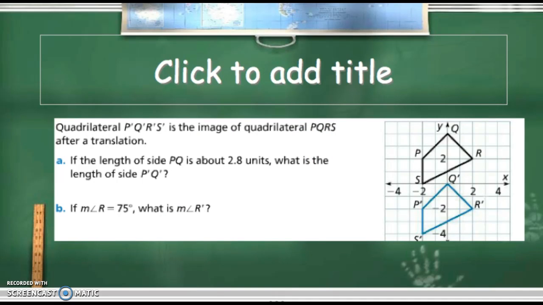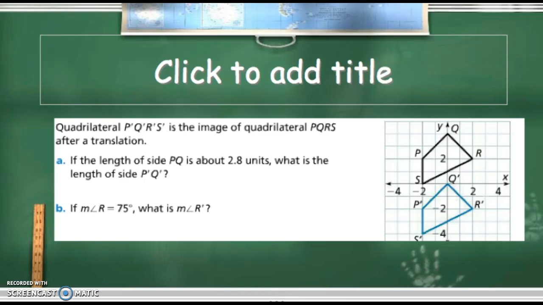Then the next part, here's another example where it talks about the quadrilateral P prime, Q prime, R prime, S prime is the image of the quadrilateral PQRS after a translation. So remember what a translation is?